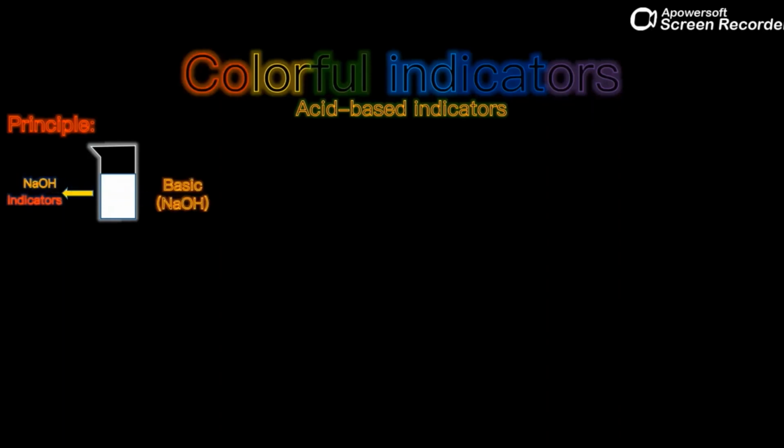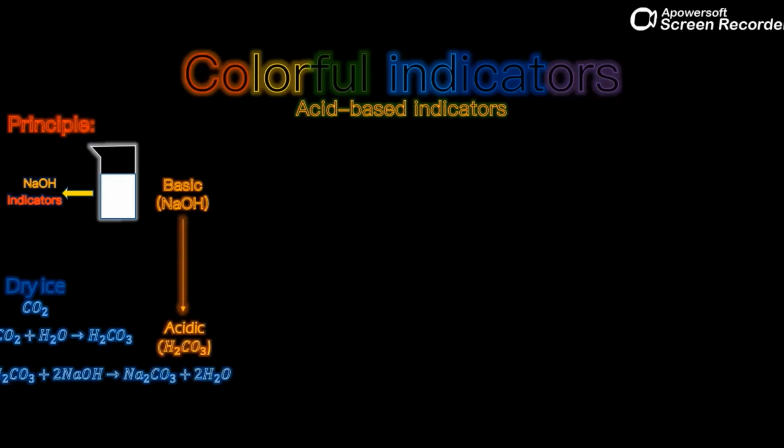NaOH is a base. So, let's start with the basics. What is an acid and a base? One definition is that acids are compounds that donate a hydrogen ion, or H+, to another compound, and the compound that accepts the hydrogen ion is a base.